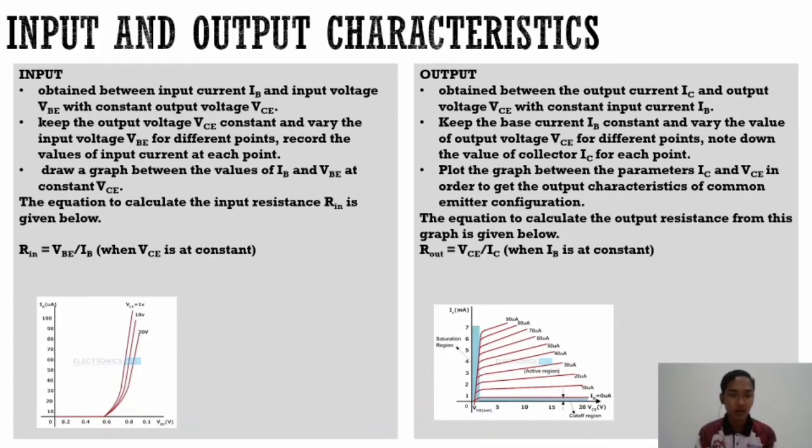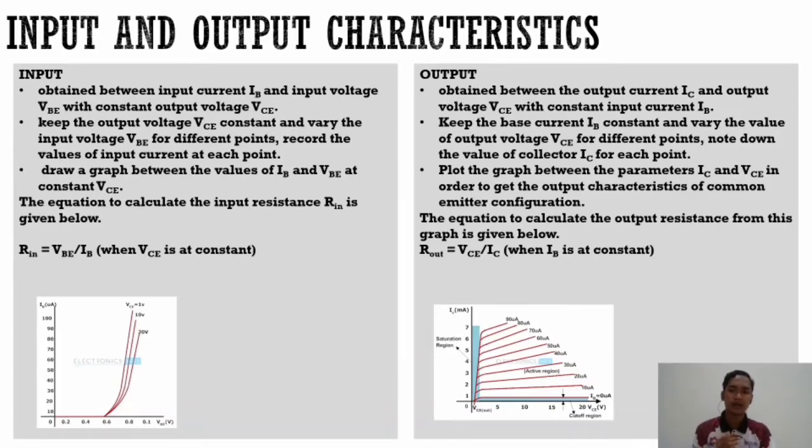The equation to calculate the input resistance, as you can see, is Rin equals VBE per IB when VCE is constant.